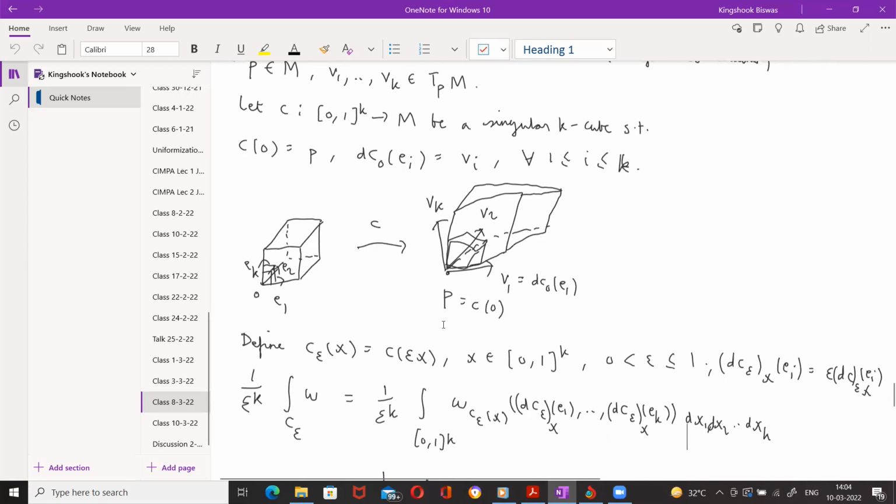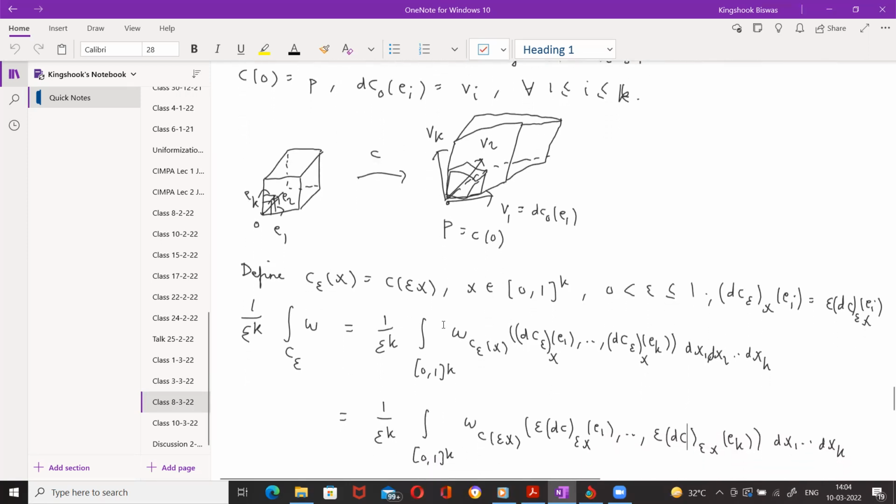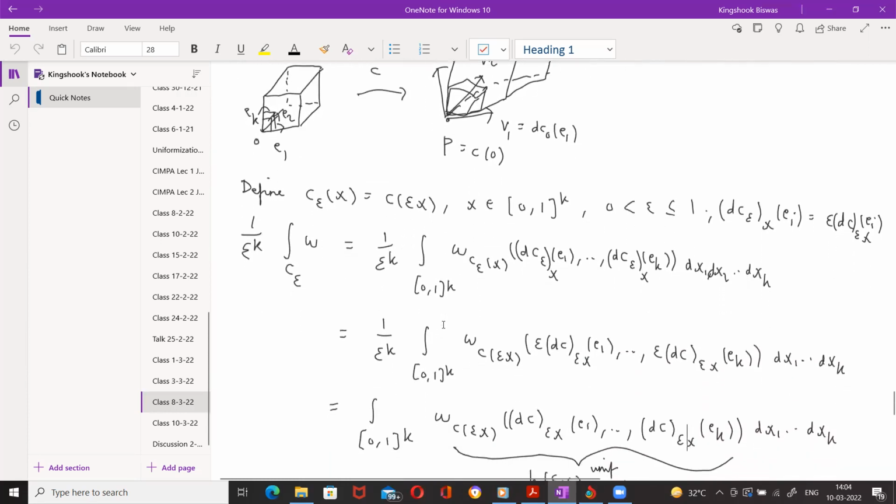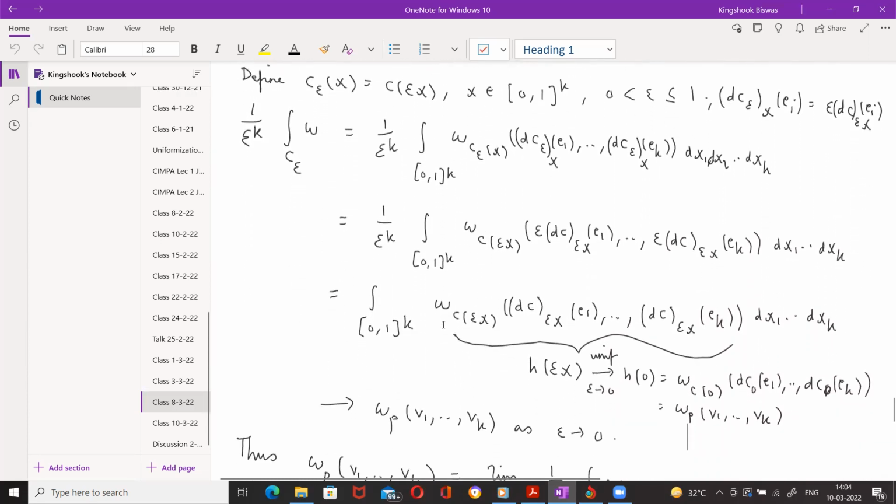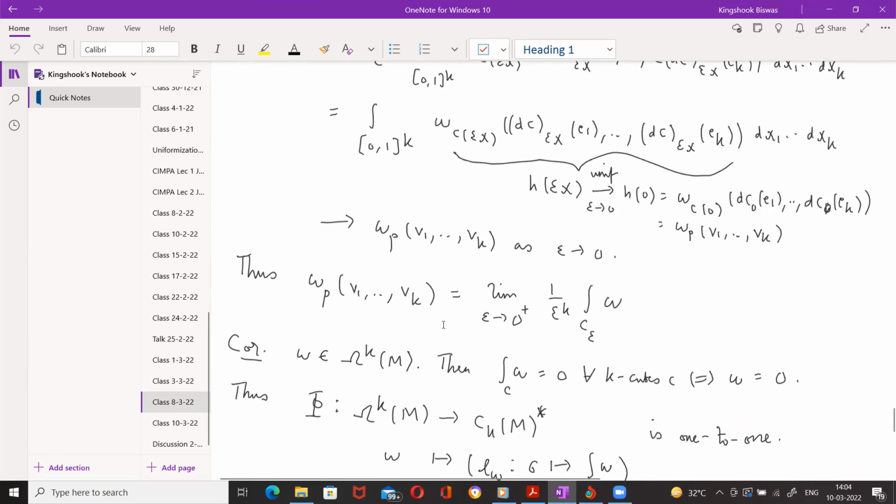So what we found is that the limit of the integrals of omega over the C epsilon divided by epsilon to the k converges to omega at P applied to the vectors v1 to vk, right?